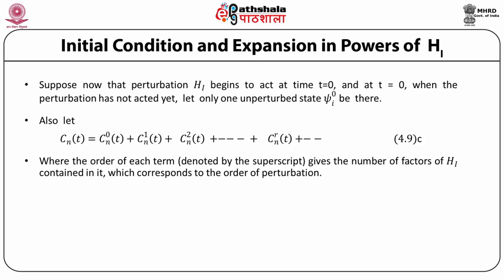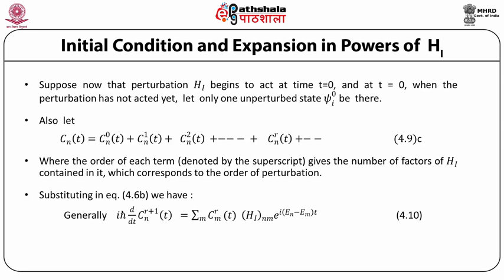Since Hi is small compared to H naught, each order of Hi is smaller than the previous one by a factor Hi. Therefore, this gives us a decreasing order in the perturbation theory. So the perturbation theory hopefully has terms which decrease as we go to the higher order terms.